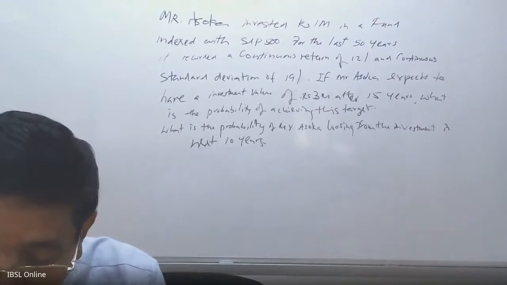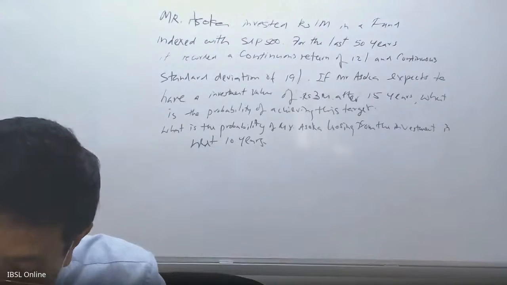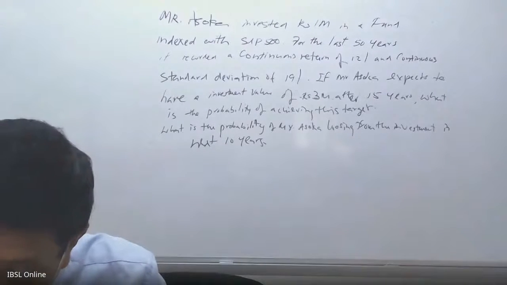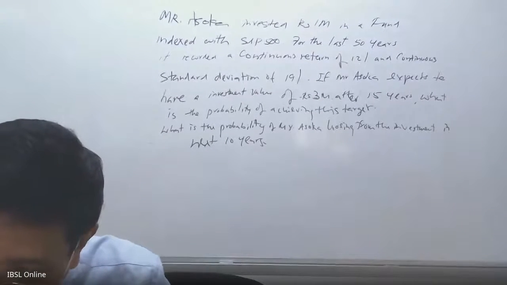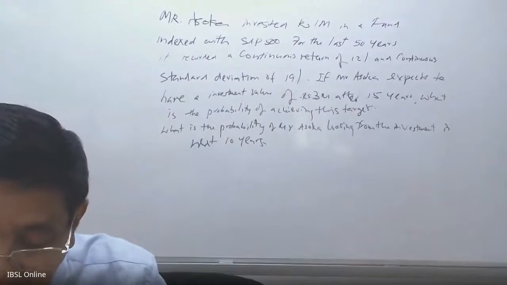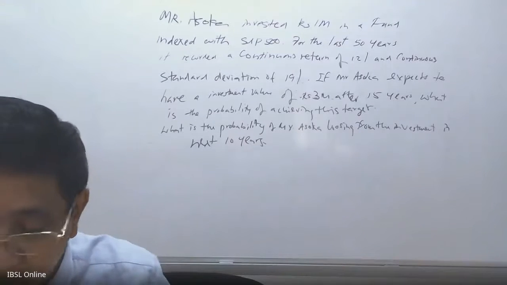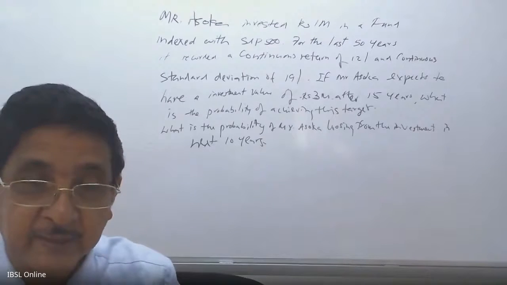Log 3 is 1.0986 minus 0.12 into 15. Then you get the numerator as minus 0.70138.